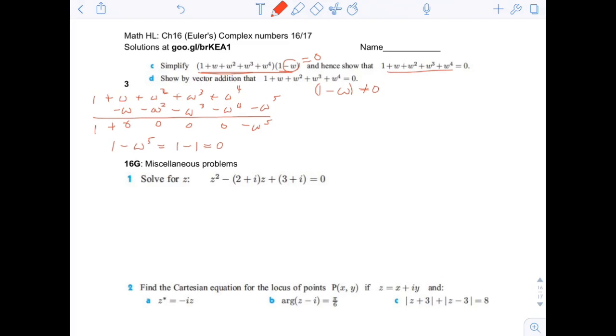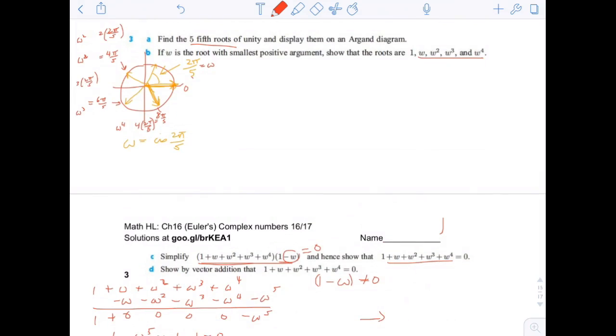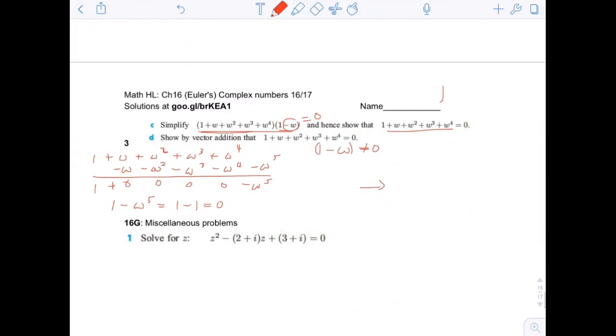Okay? Now let's show the same thing by vector addition. If we take 1, it looks like that. Omega, remember, looks like that, 2 pi over 5. I'm going to move this down a little bit. 2 pi over 5 is about like that.